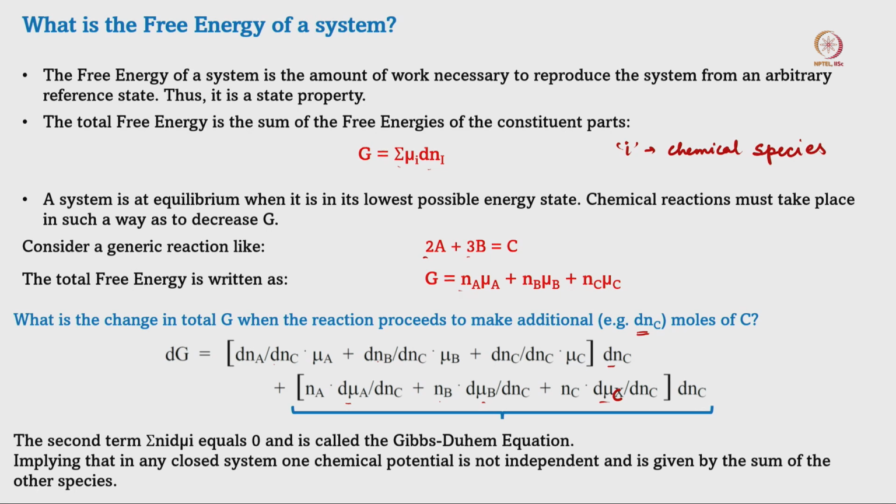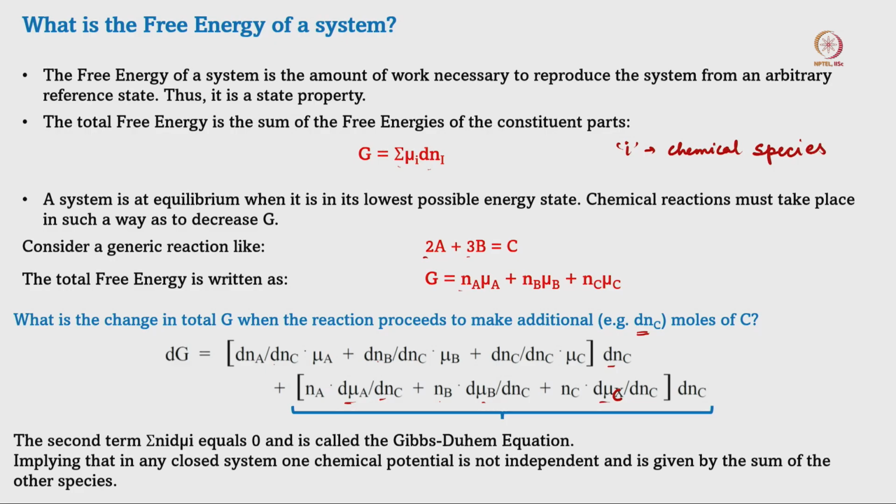This particular term should be equal to 0, implying that in any closed system, one chemical potential is not independent. So, you cannot divide a mu a term with the nc term.